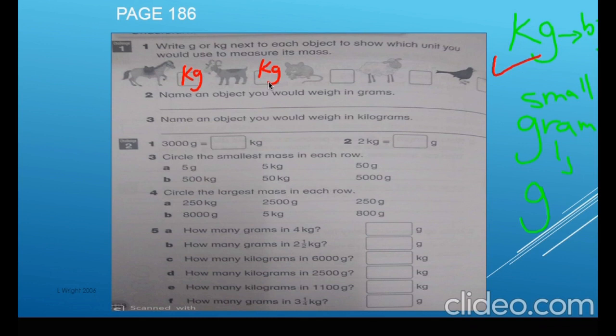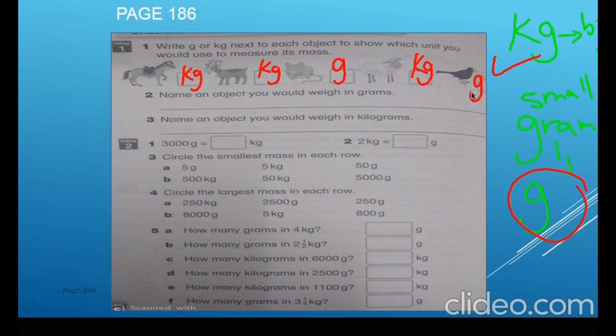What about the rat? The rat is so small, so we use the gram. Sheep, which one will we use, kilogram or gram? I hear you, good, kilogram. What about the bird? Good, small, we will use gram.